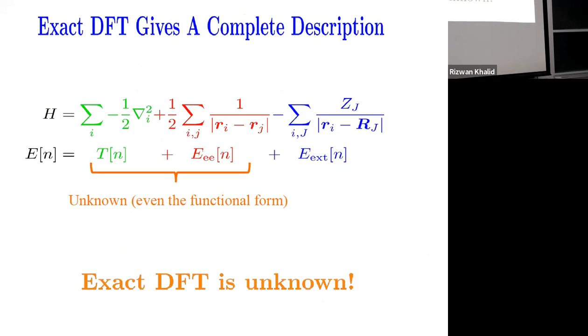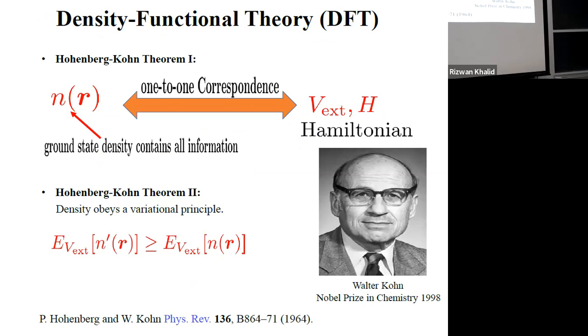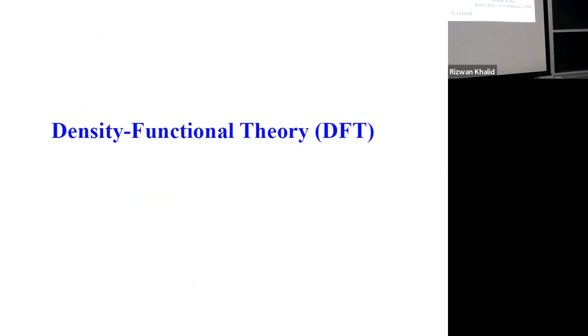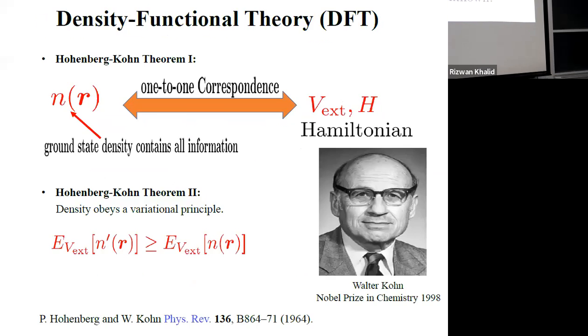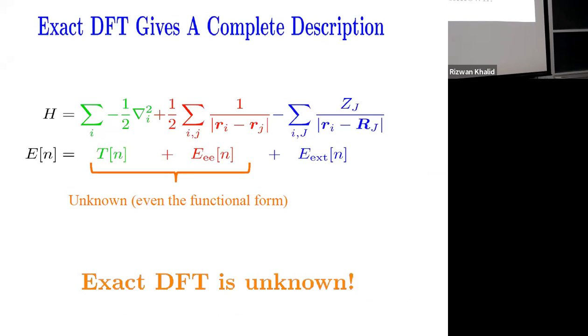These two theorems have quite simple proofs, and any textbook could be consulted for those. But there is a problem. To minimize the energy, we need to know the functional form of energy with respect to density.